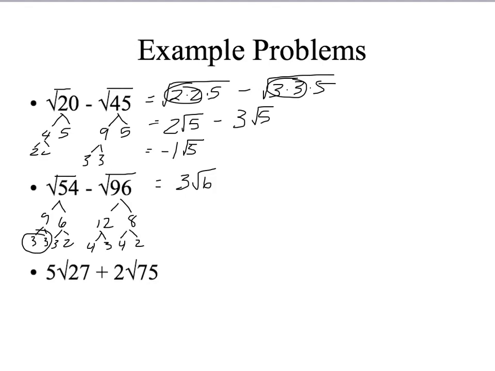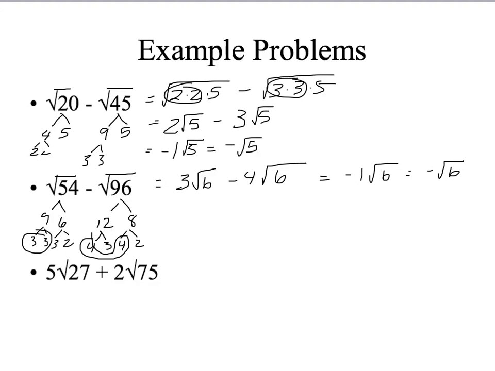Oh, now here I see I don't always need to break it down into the perfect squares. I have a pair of 4's that I can pull out. And I'm left with 2 times 3 under the radical, which again is 6. So this is going to leave me with negative 1 square root of 6, or you can just leave it as negative square root of 6. Same with this one up here. It could be negative square root of 5.